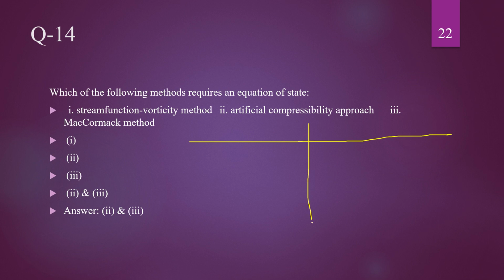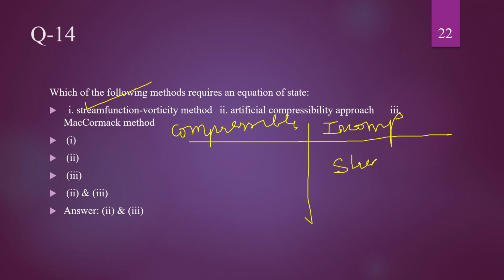The first one is compressible methods for solving compressible fluid flow, and the second one is incompressible fluid flow. Stream function vorticity is a method for incompressible fluid flow. An artificial compressibility approach is used for solving incompressible fluid flow.